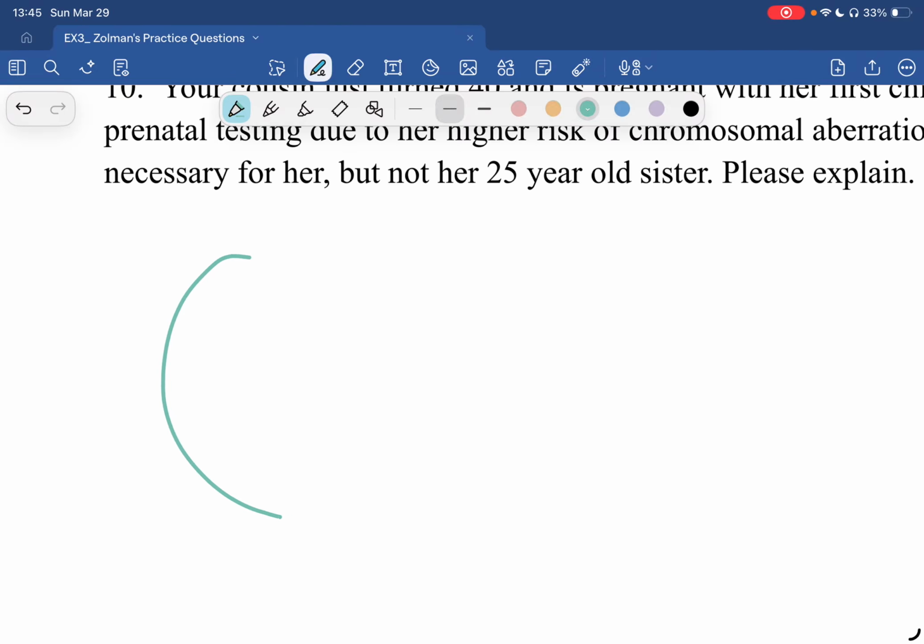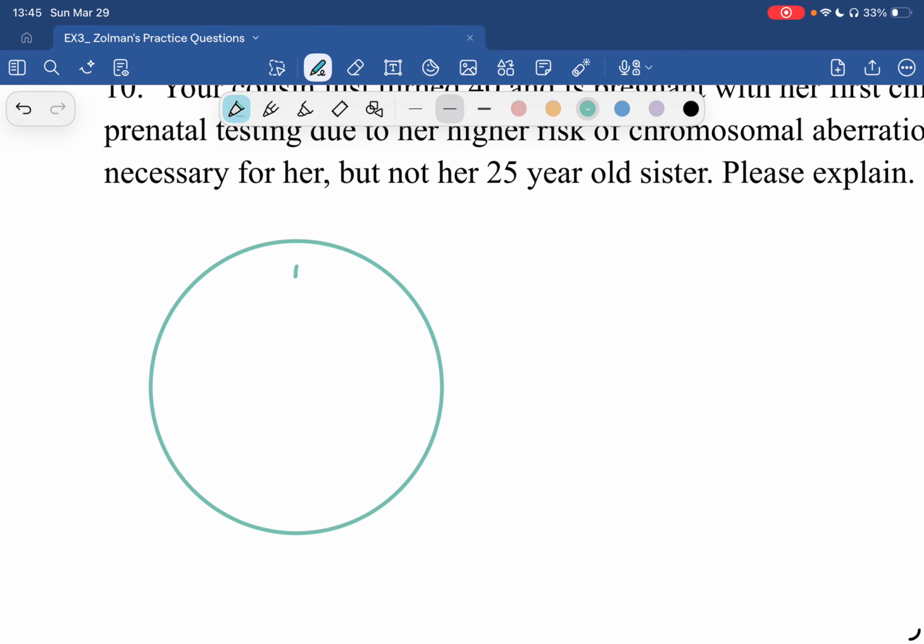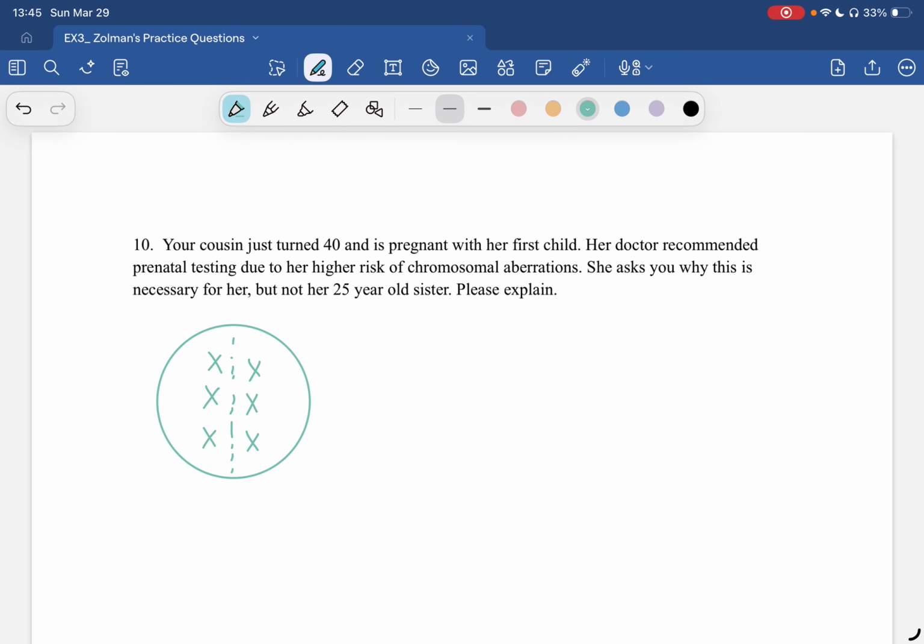So essentially, here's your egg, and they're all lined up in the middle, just getting ready to be paired up, but they're all waiting at this point. So while they're not menstruating, while they're in between their cycles, this is what their eggs are doing. They're all just lined up, ready to go.